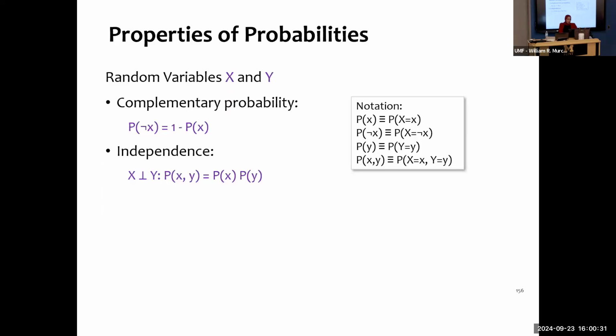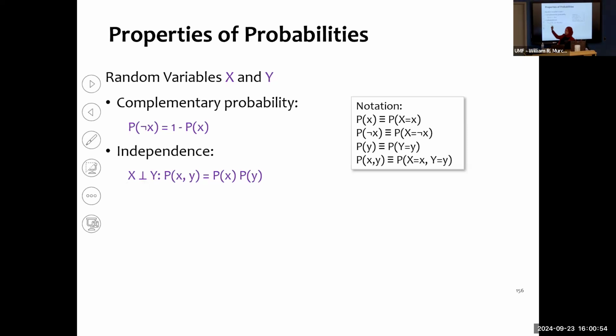Okay. So these are just notations that, given random variables x and y, we have the idea of complementary probabilities, which is, if I have the probability of not having x, it's 1 minus the probability of having x, and the independence relationship. So please focus on the symbol for writing independence. It's like this.